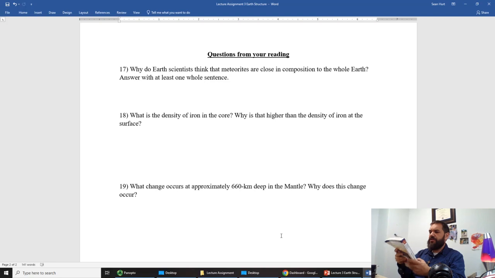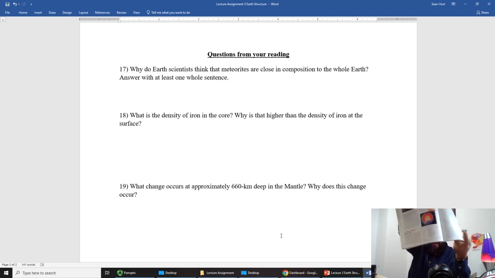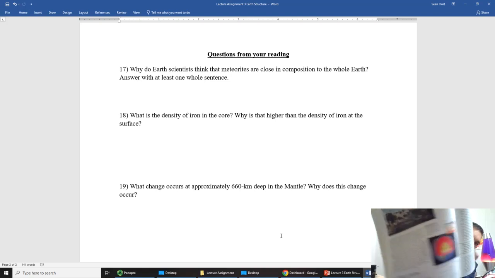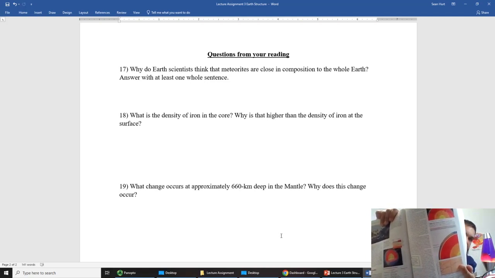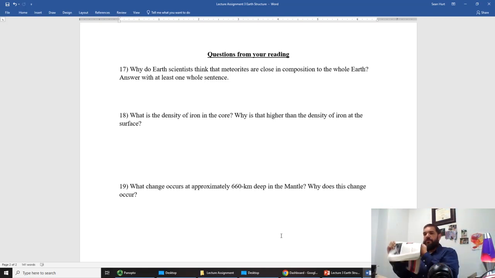This is 7th edition. You guys might be on 6th. I can't remember. But anyway, it is in chapter 7. Let me show you in case you're interested. Oh no, not chapter 7, chapter 9. I'm sorry, I'm confusing you so much. Chapter 9. It looks like it's this section, you can see, and it's got all that interior of the Earth. So read that and you'll find most of the answers there.